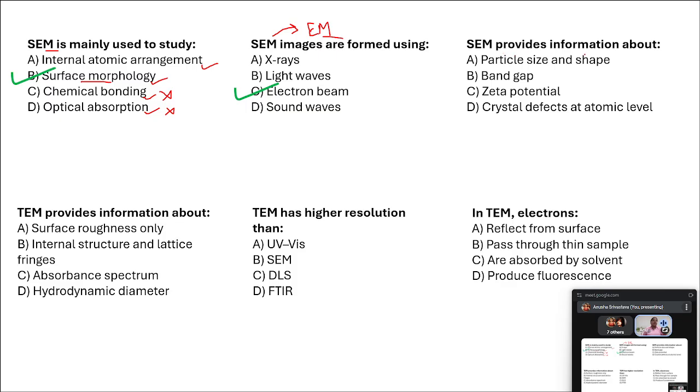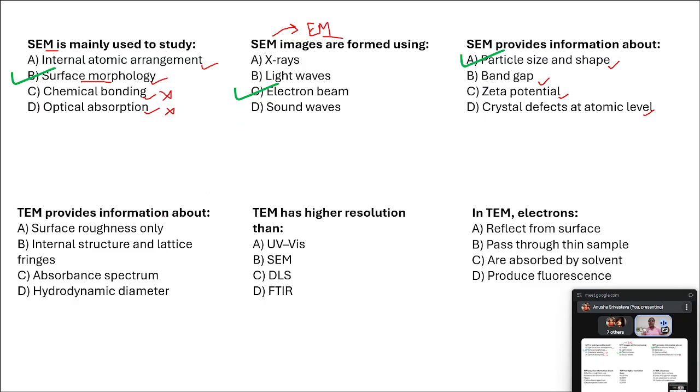So SEM provides information about particle size and shape, band gap, zeta potential, or crystal defects at atomic level. Correct answer. Nice. The answer would be A only, particle size and shape.